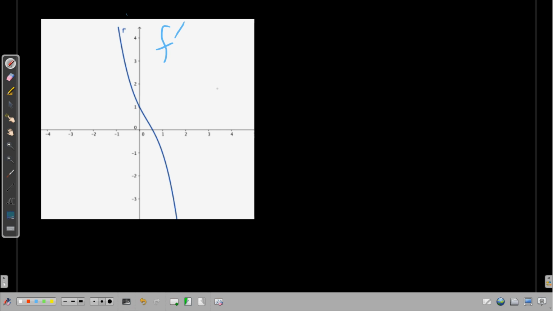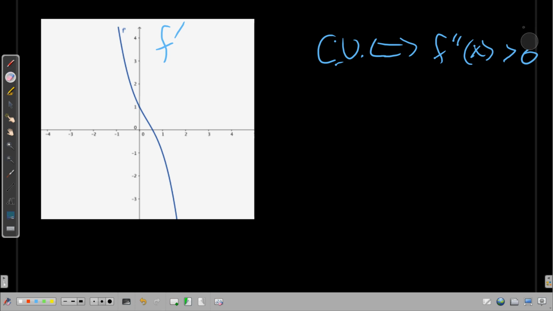Now it will be concave up wherever the second derivative is positive. To be concave up, it must be the case that the second derivative is positive. Now, the second derivative of f is the derivative of f prime.